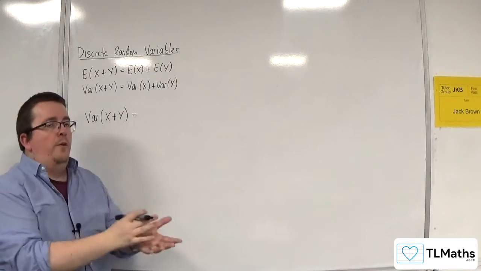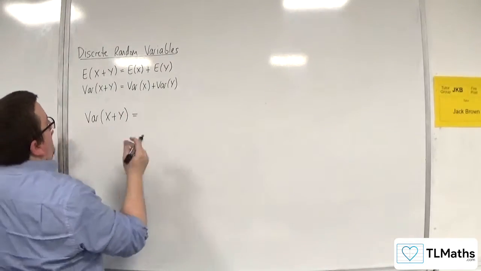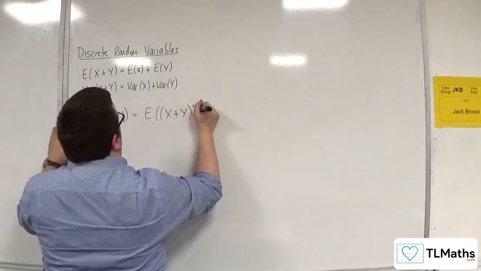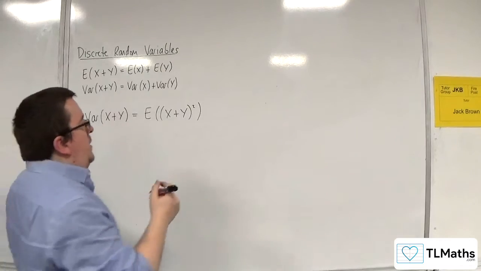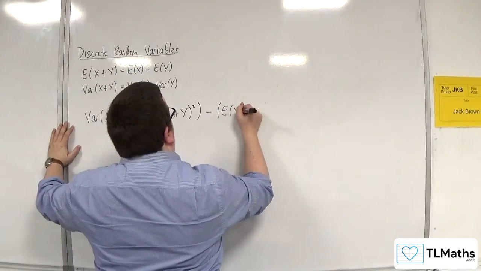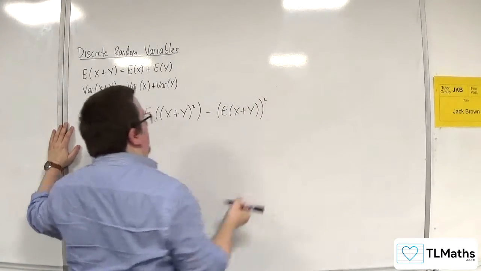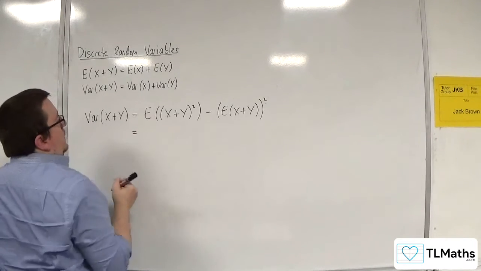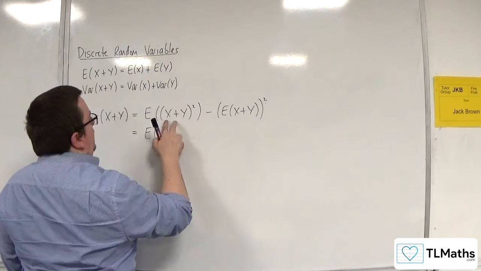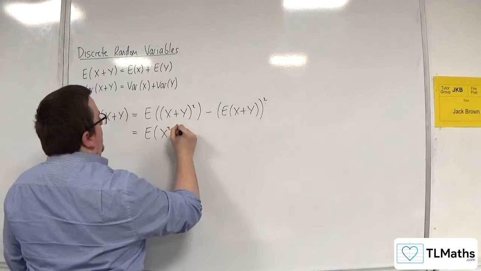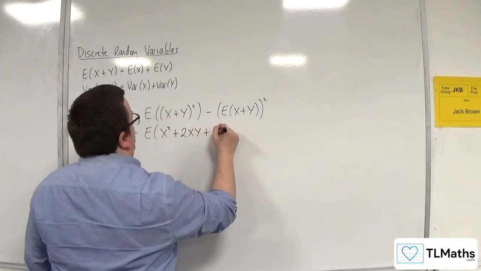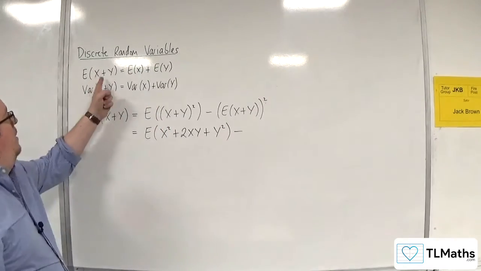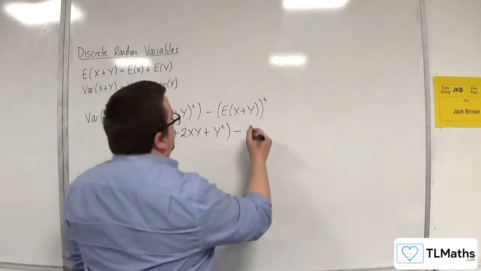Now, we know what var of x is, so we should be able to write that as E of x plus y squared, take away E of x plus y squared. Now what I'll do is expand that bracket out, so we get x squared plus 2xy plus y squared. And here I can rewrite E of x plus y as E of x plus E of y.